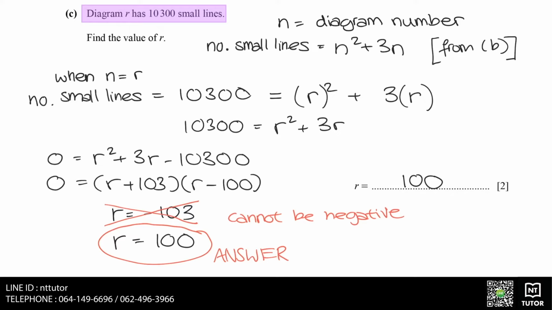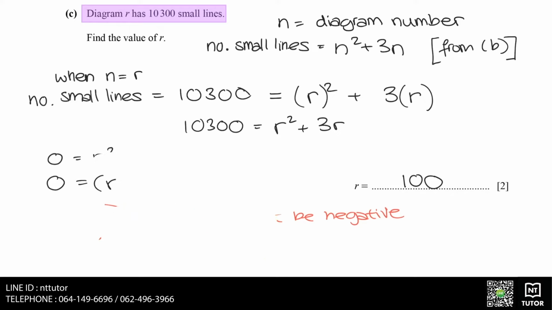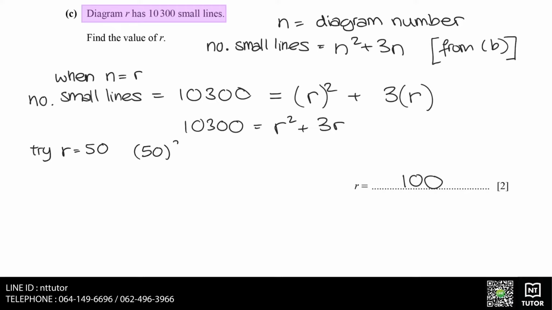For these questions where we are trying to find what term it is or what diagram it is, we can also do trial and error. Because what we want is an r value that when we substitute into r squared plus 3r, it must equal 10,300. So, if we try r equals 50, this gives 2,650, which is too small. Therefore, we want to try something bigger than 50.